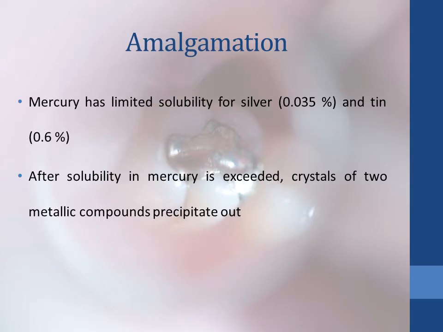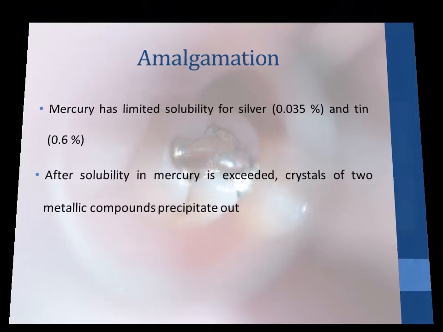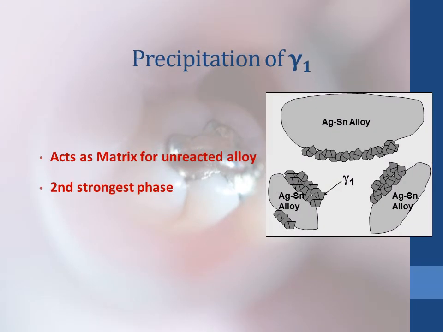So mercury has limited solubility for silver and tin. After the solubility in mercury is exceeded, crystals of two metallic compounds form, and precipitation of gamma 1 begins. It acts as a matrix for the unreacted alloy.